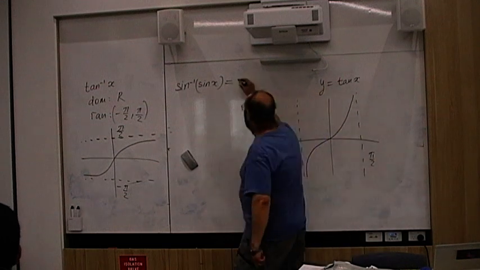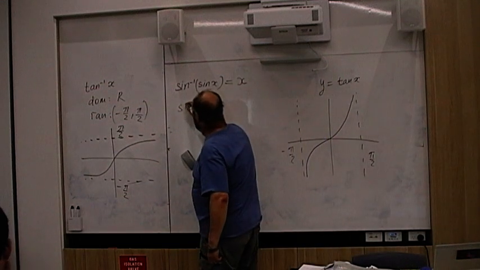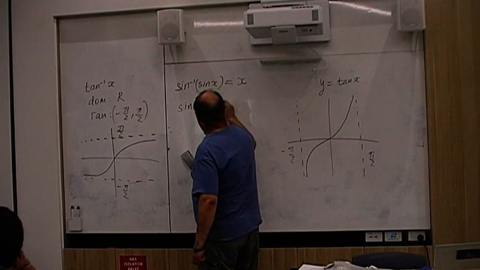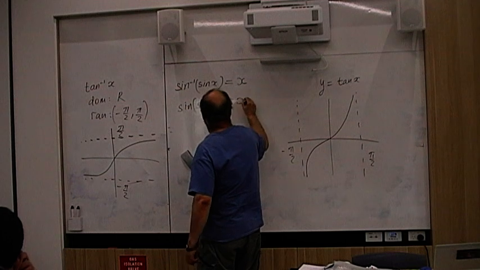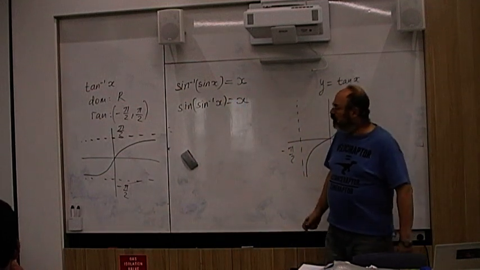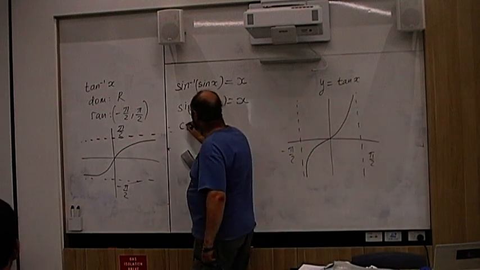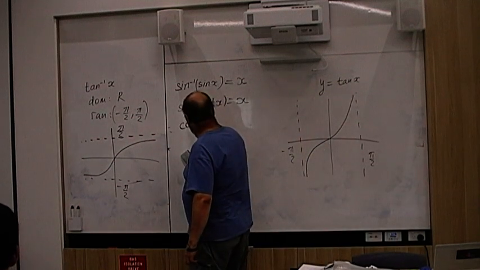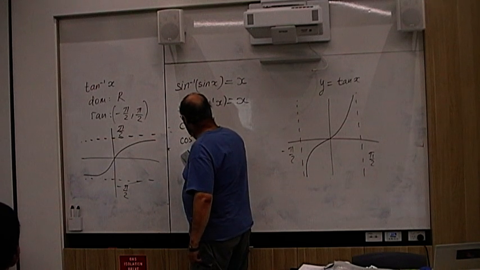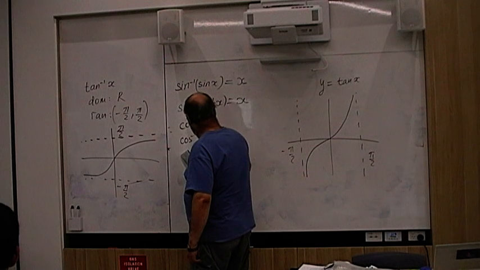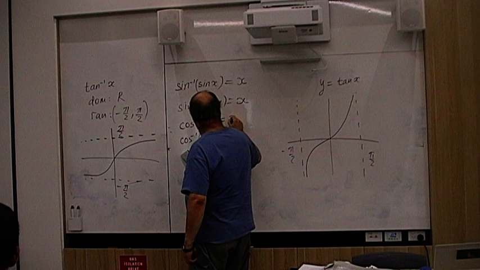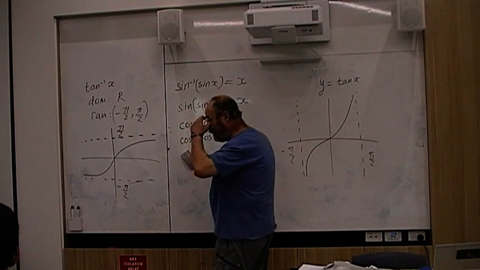It will be x. It is a composite function, and sine negative 1 of sine x will equal x. Of course it will have limitations on the domain. I'm talking about the formula. And the same will be cos of cos negative 1 x, or cos negative 1 of cos x, which will be x, and likewise for tan and tan negative 1.